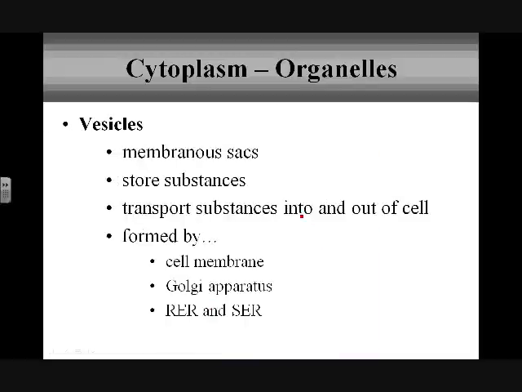So vesicles are membranous sacs to store substances, and they're used to transport substances into and out of the cell. We should know that into is endocytosis, out is exocytosis.